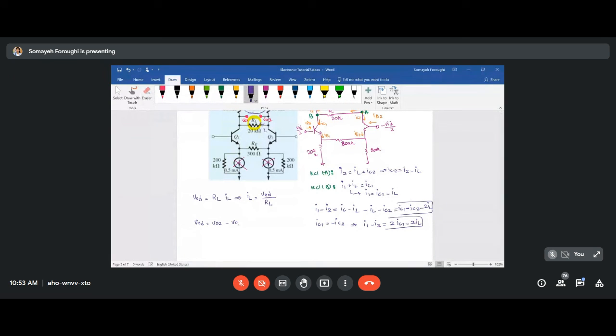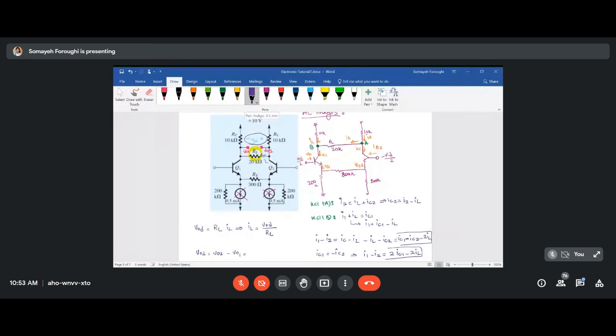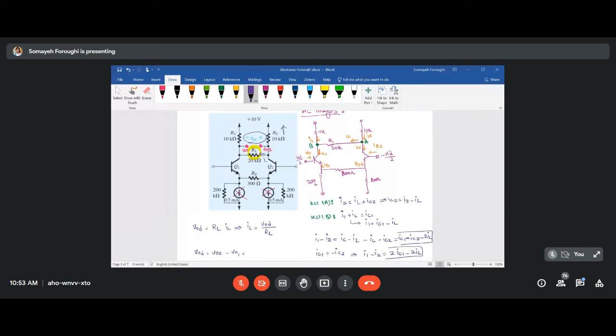Like in the previous examples, VO2 is a voltage over RC when IC is in the opposite direction. Sorry, the current passing through 10K is no more IC, it is I2.